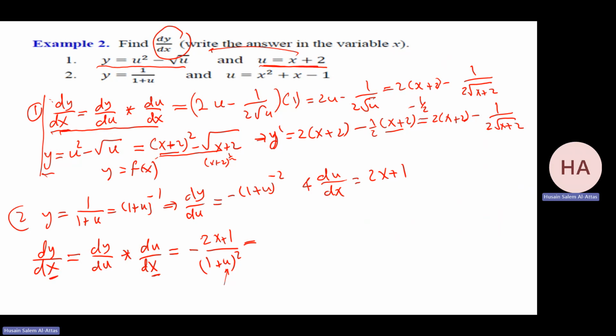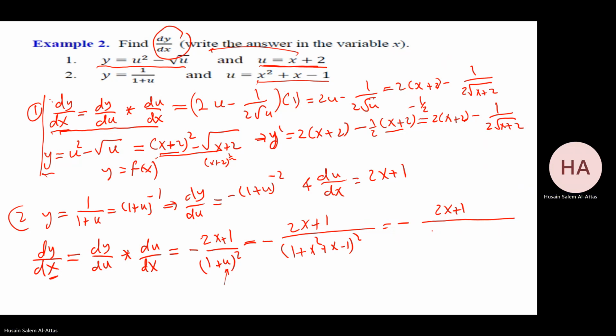I want everything in terms of x. So I have minus 2x plus 1 over 1 plus, I will plug in this u, 1 plus x squared plus x minus 1 squared, which is minus 2x plus 1 over x squared plus x squared.